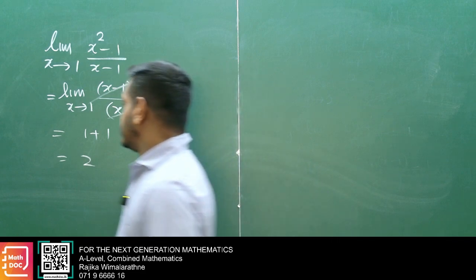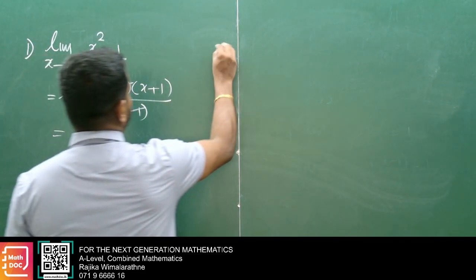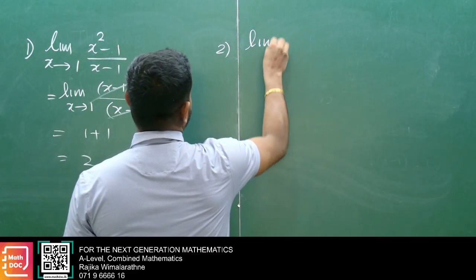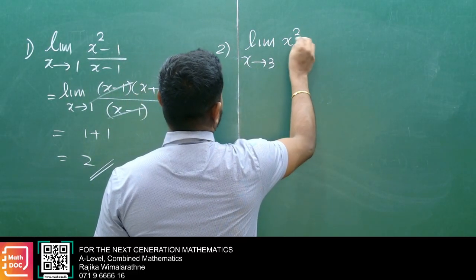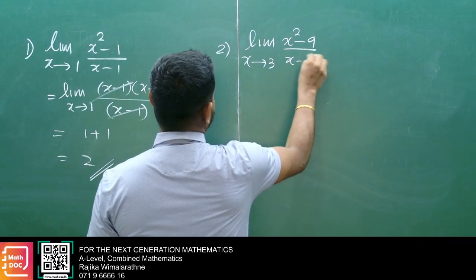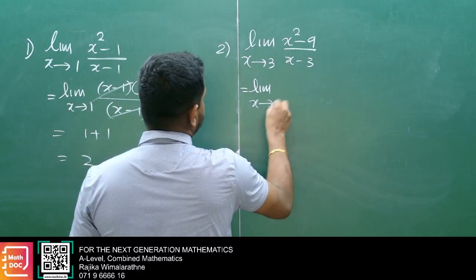See another one. Limit as x goes to 3 of (x square minus 9) over (x minus 3).